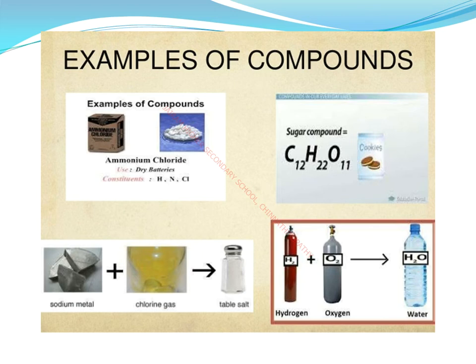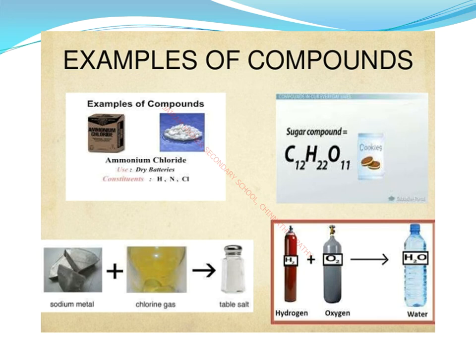Next one, sugar. We all like to have cookies, biscuits, right? So what is the chemical compound present in those cookies? It has 12 carbon, 22 hydrogen, as well as 11 oxygen. So this is a chemical formula. We call this formula a molecular formula. Fine.